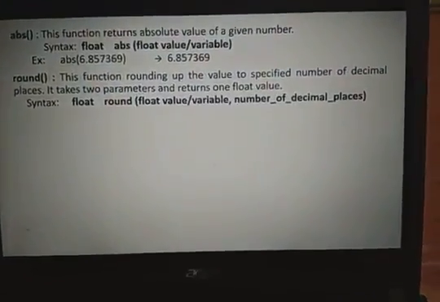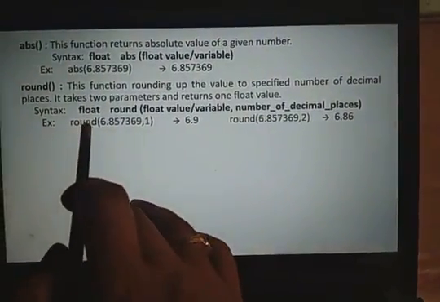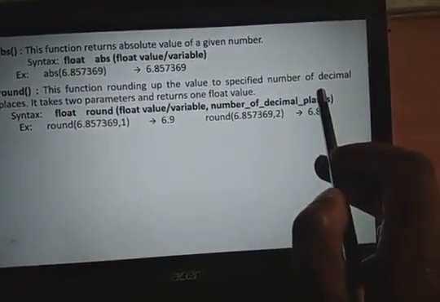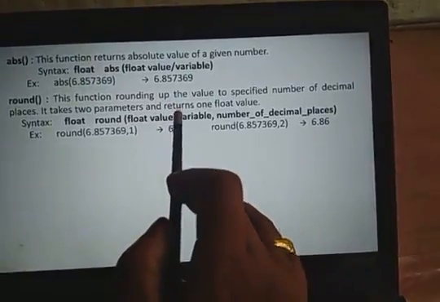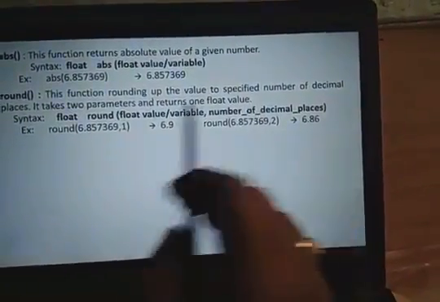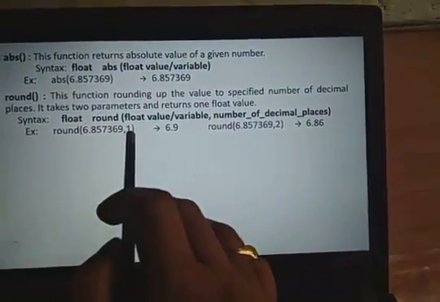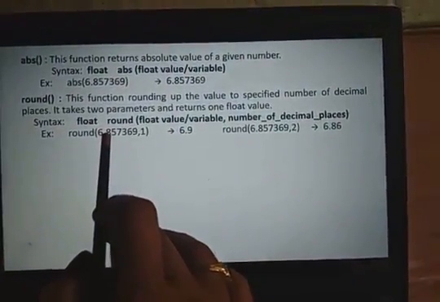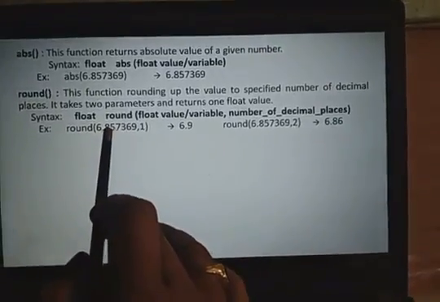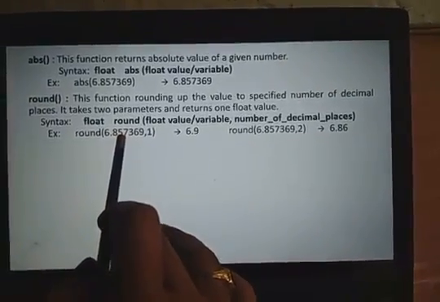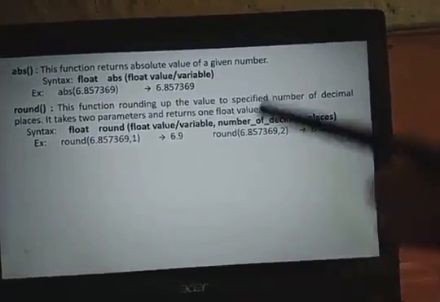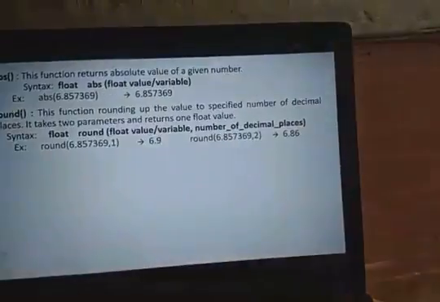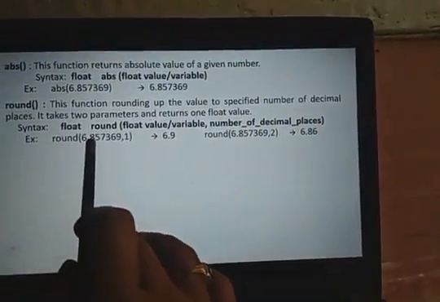Roundup has two parameters. One is the value, and another one is the number of decimals. Taking one digit means only one decimal place, 6.9, because after 8 comes 5, and 5 or greater than 5 converts to the next integer. So it becomes 9.